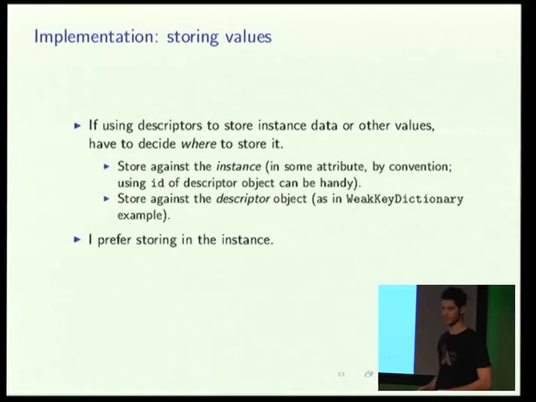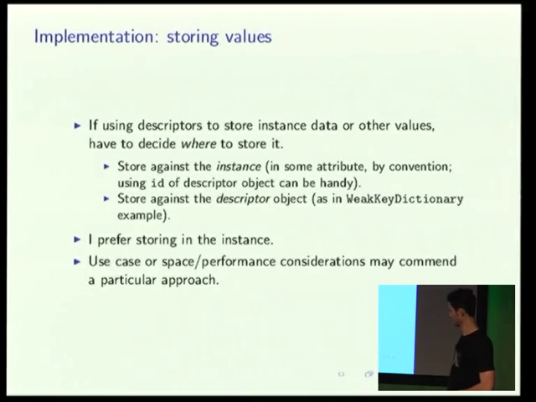So I prefer storing it in the instance dictionary somewhere, somehow, because I think instance data should be owned by the instance object, and it also does away with any issues around garbage collection. Once your object falls out of scope, it can go and get garbage collected, and you don't need any extra mechanisms in your descriptor to handle that scenario.